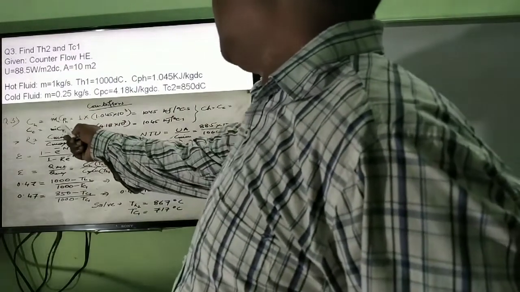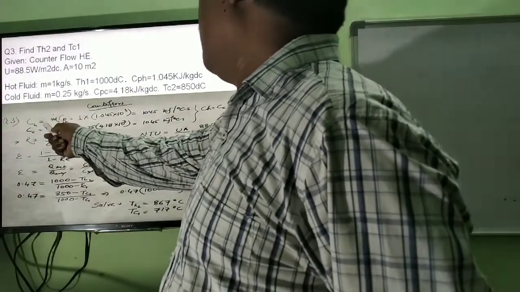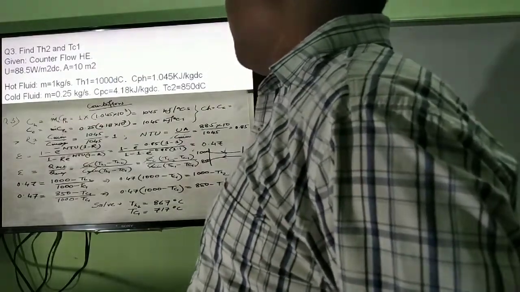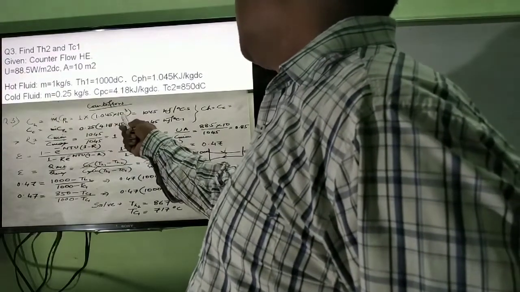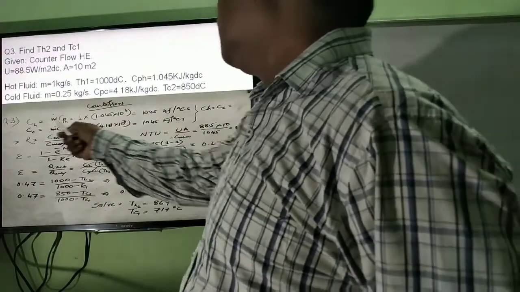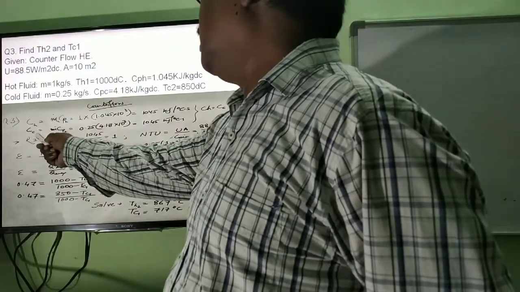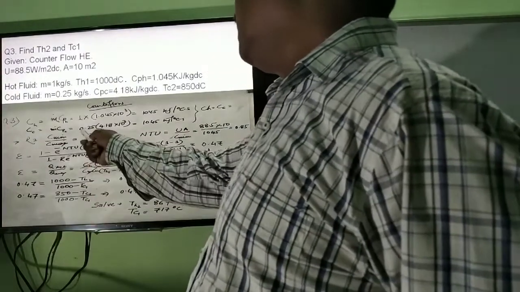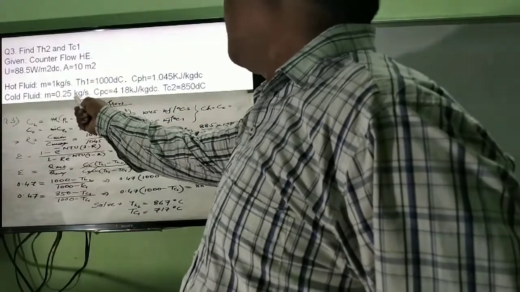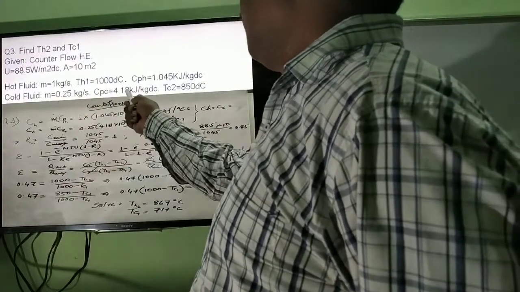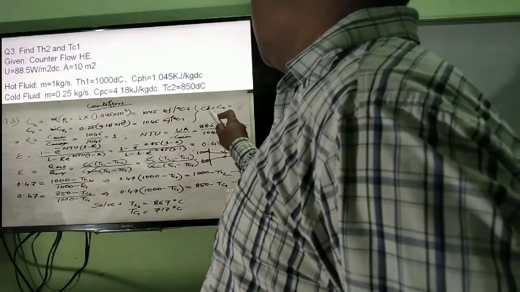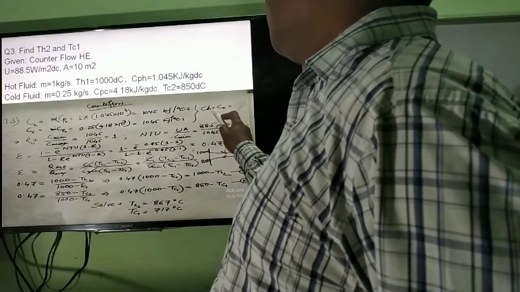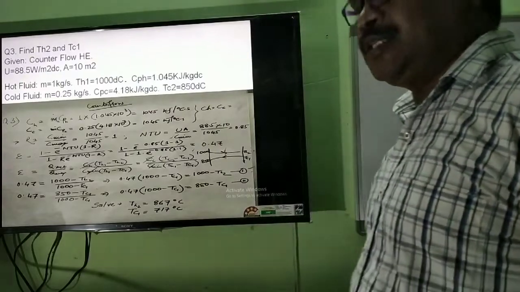First of all, for hot fluid, what is the heat capacity? Mass flow rate 1 into this 1045 J. What is the heat capacity for cold fluid? Put this value, 1045. Both are the same.